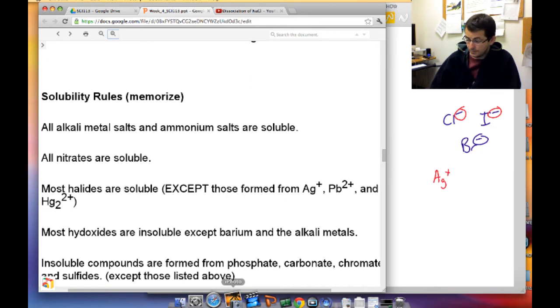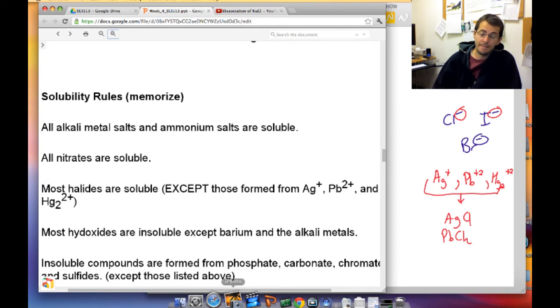Silver salts, lead salts, lead-2, and mercury-1 salts. These will form insoluble halides. AgCl is the classic. PbCl2 are classic examples. If you mix silver ions and halide ions, the materials are insoluble. Lead chloride and silver chloride do not readily dissolve.